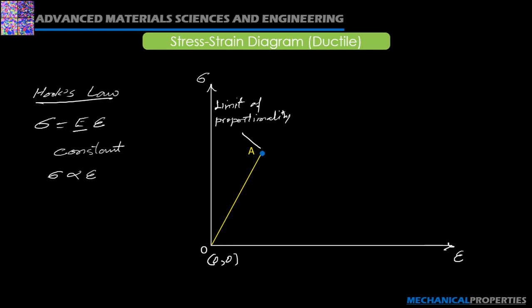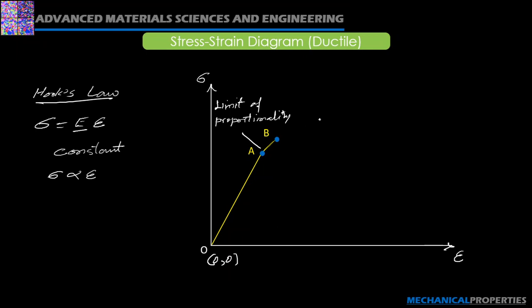Upon further application of the force, the curve is not following Hooke's law, but still the material behaves in an elastic manner, which means that on removal of the applied load, the material will follow its backward path. So till point B, the material follows the elastic behavior.